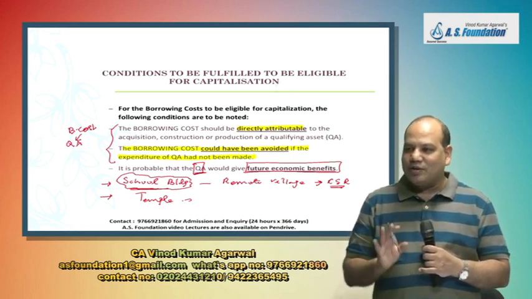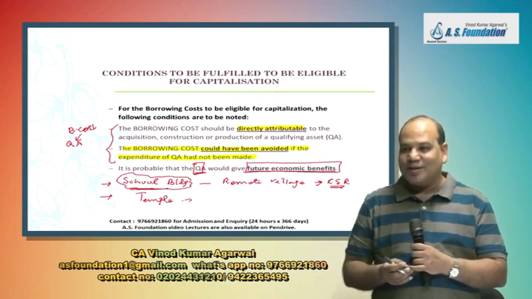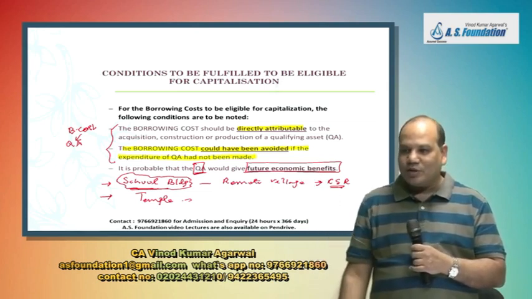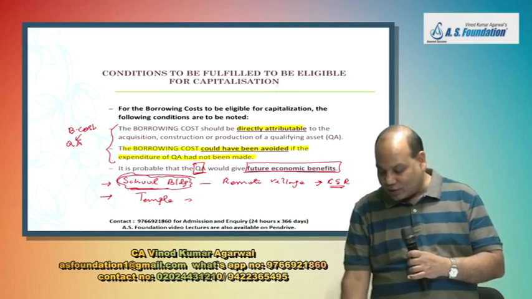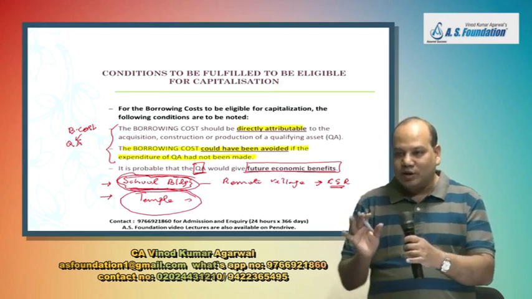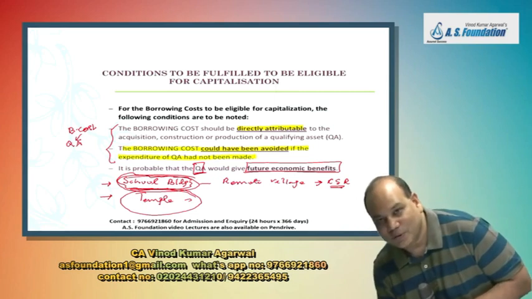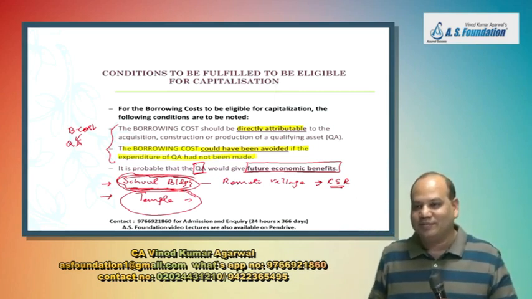So suppose the temple is capitalized in their books, but the temple is not going to generate any future economic benefit. Charge to the P&L account all borrowing costs associated with that. So these are just examples. Any such example on which you incur expenditure, like a temple. People ask this question to me. Some people say that a temple will generate economic benefit to the enterprise. How?